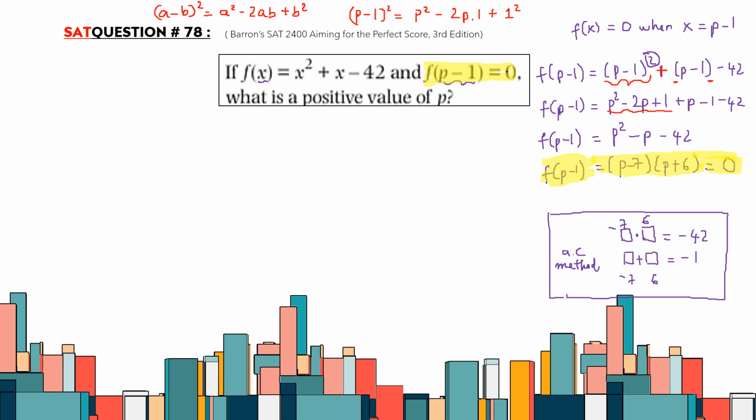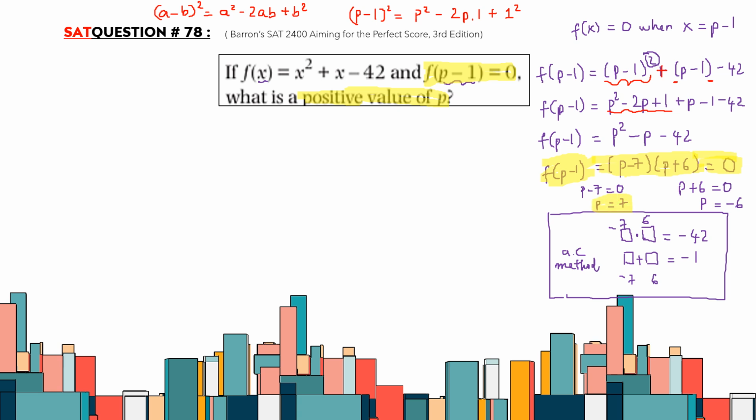Now we solve p minus 7 equals 0, then p will be equal to 7. Or p plus 6 equals 0. If we subtract 6 from both sides, we have p equals negative 6. And in this case, we only choose a positive value of p.